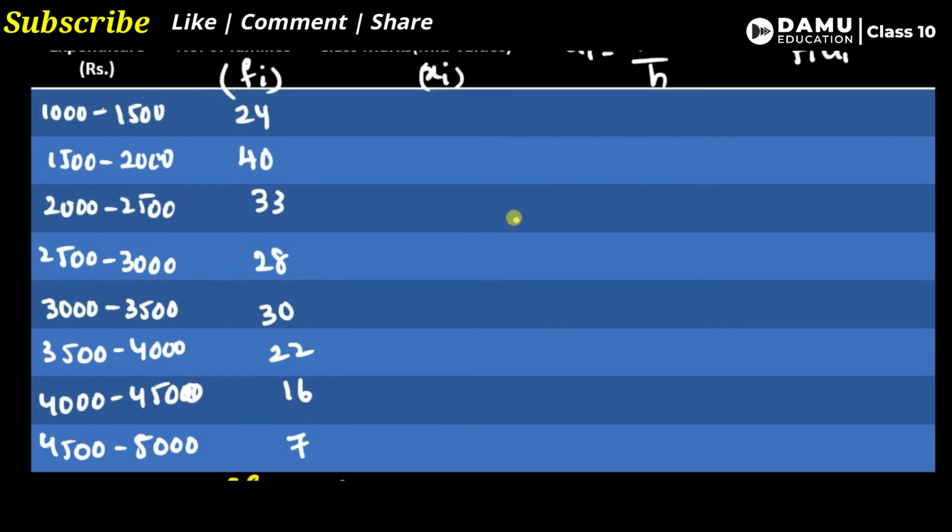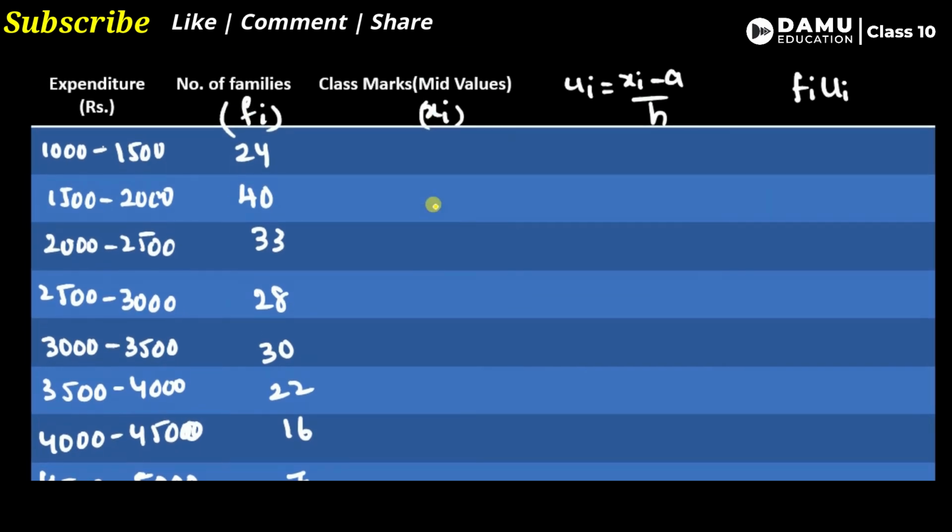Then xi is (1000 plus 1500) by 2. So 1000 plus 1500 is 2500, and 2500 by 2 is 1250. Like this we have to find it.